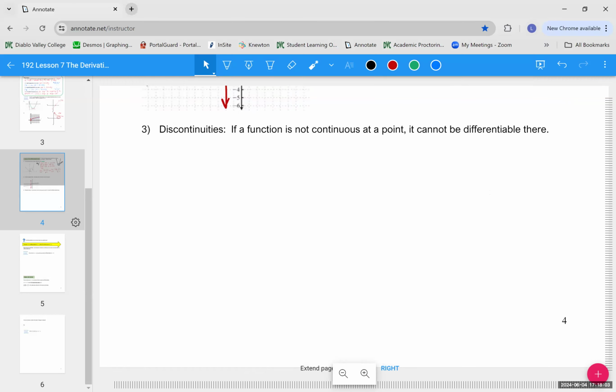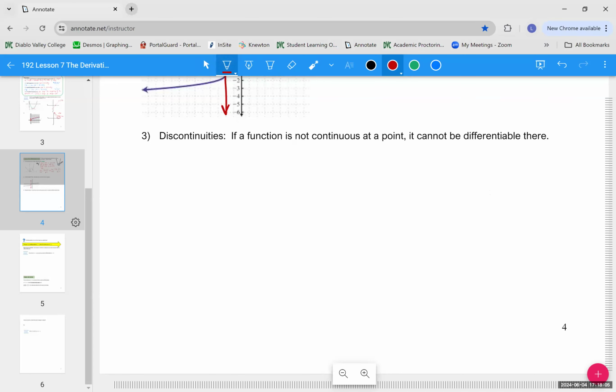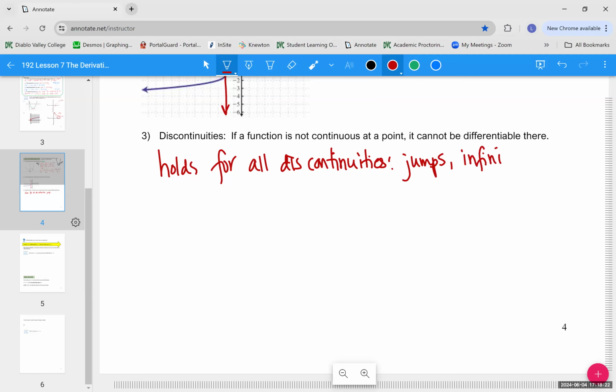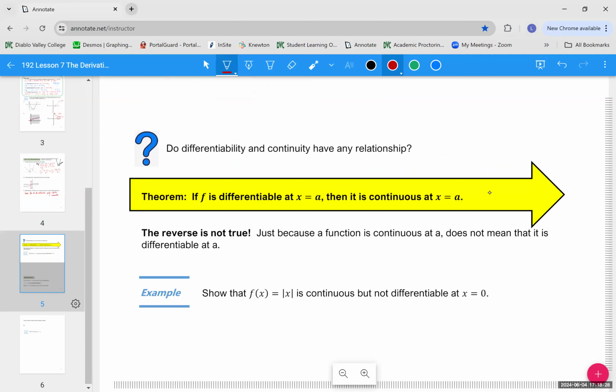So then I'll just write this: this holds for all discontinuities. Jumps, infinite, and removable.